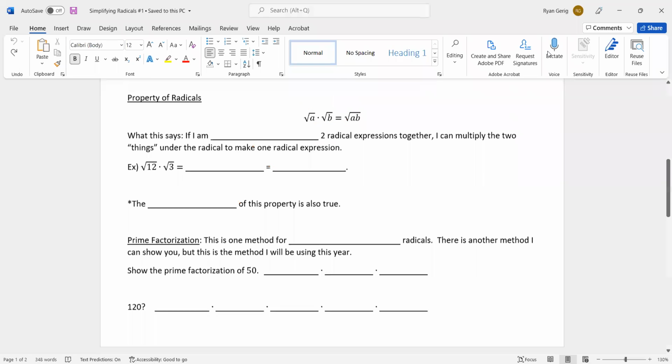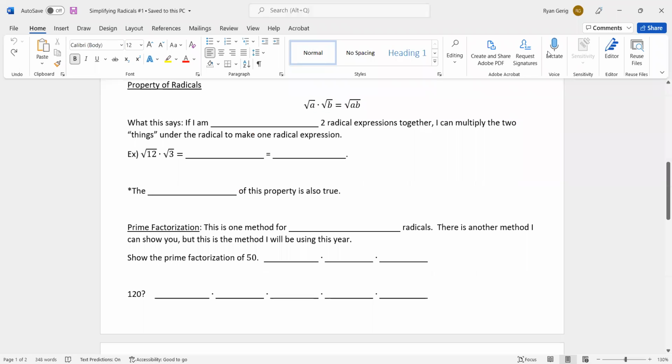Before I can do that, I need you to see a property of radicals. The property is right here: the square root of a times the square root of b equals the square root of a times b. All that's saying is if you're multiplying, not adding, not subtracting, two radical expressions together, you can just multiply the two things under the radical together to make one radical expression.